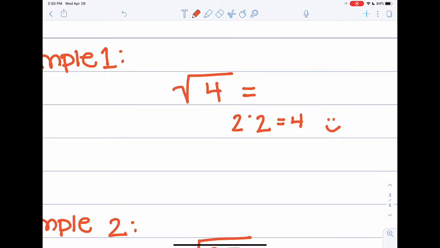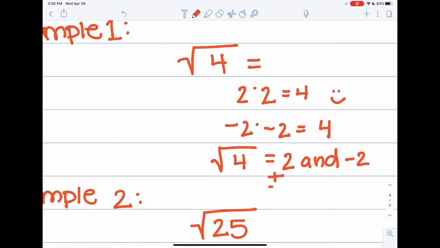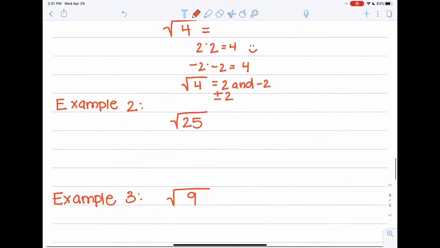What other number times itself is going to give me 4? -2 times -2 is also going to give me 4, because a negative times a negative is a positive. So my answer here is the square root of 4 equals 2 and -2, or I can write it in my shorthand way, plus or minus 2. Up to you, whatever you feel more comfortable with.